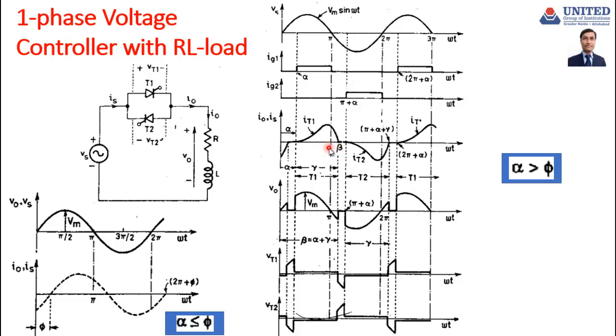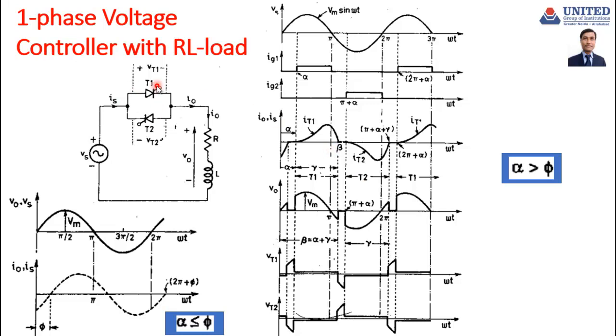After pi, T1 is reverse biased but does not turn off because I naught is not 0. At beta only, I naught is 0. So T1 is turned off because it is already reverse biased.